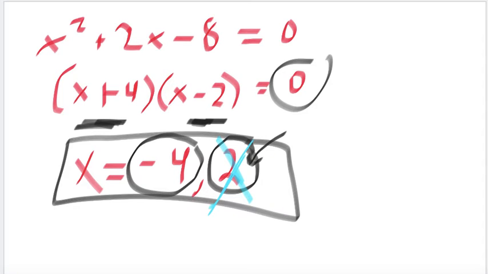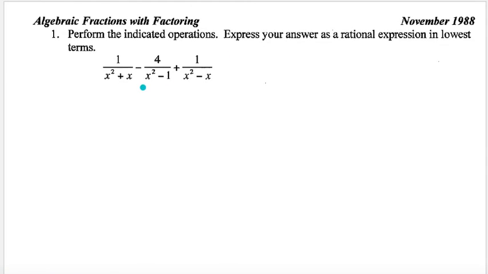Now, I was going to do another problem, but I'm going to show you a couple more strategies. How do you tell what the common denominator is here? They both have an x in it, so this factors into x times x plus 1. I'm going to run out of space very quickly.